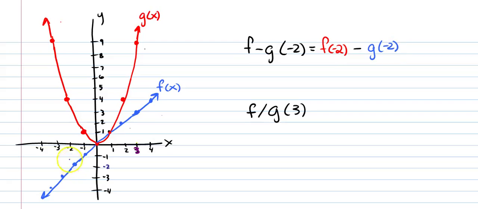F of negative 2, well, if I find negative 2 on the x-axis, F of negative 2 is negative 2. That's my F function right there. F of negative 2 happens to be negative 2. Oh man, I color coordinated those wrong, didn't I? Let me fix that.